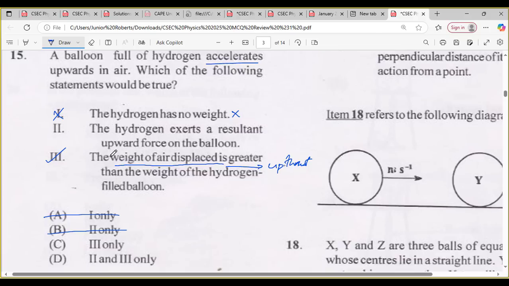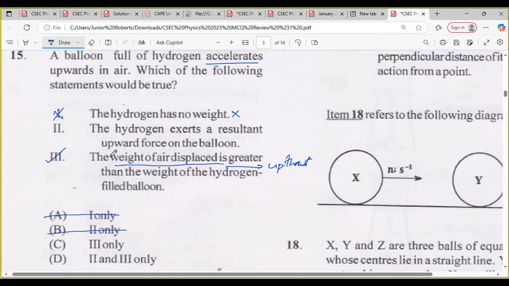The hydrogen exerts a resultant upward force on the balloon. Right? So what we're saying basically is that with the hydrogen inside the balloon, it is exerting a resultant upward force, which causes the balloon to rise.